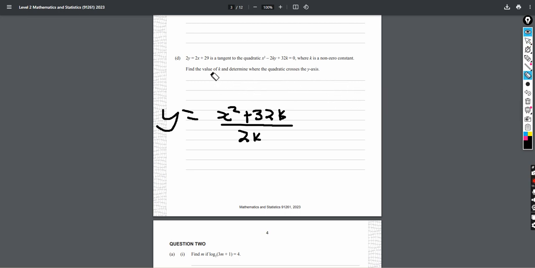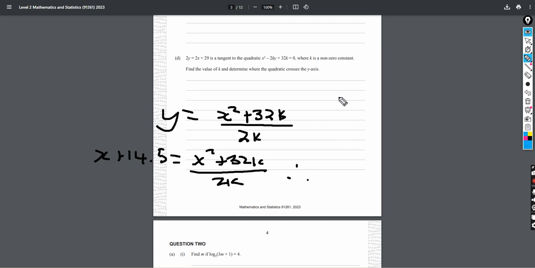If you got 3, well done. Okay, so I'm going to sub this time. I don't know where I went wrong last time though. So I'm going to sub in x plus 14.5 is equal to x squared plus 32k divided by 2k.